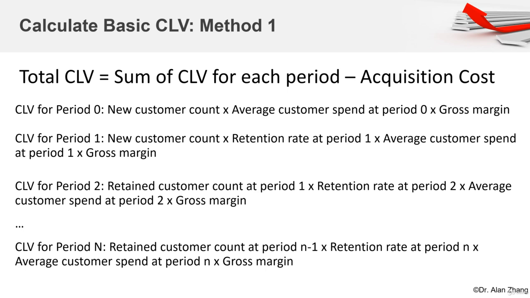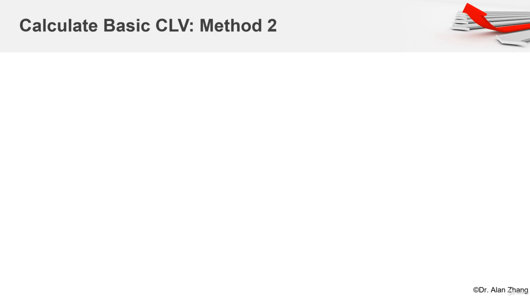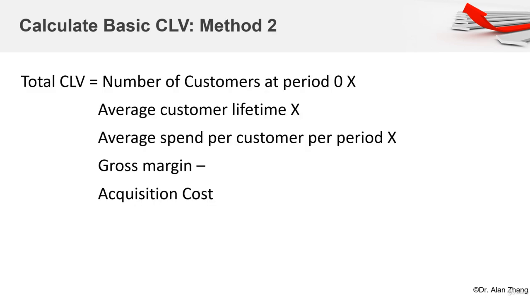Now, let's talk about how the second method works. With method 2, we can calculate total CLV using the number of customers we have at period 0, multiply the average customer lifetime, multiply the average spend per customer per period, multiply gross margin, and subtract acquisition cost.